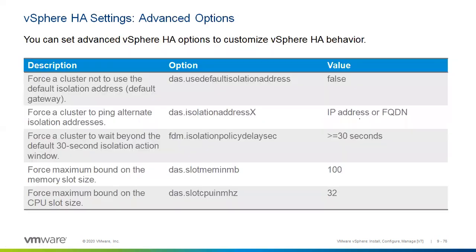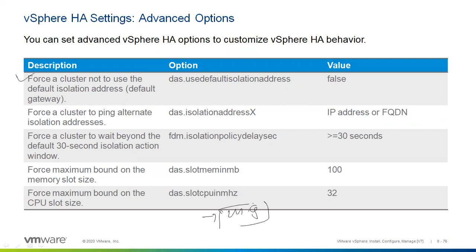Now, in advanced parameters, we can define some values where we say force a cluster node to use default isolation address. What is my default isolation address in cluster? It is my gateway.